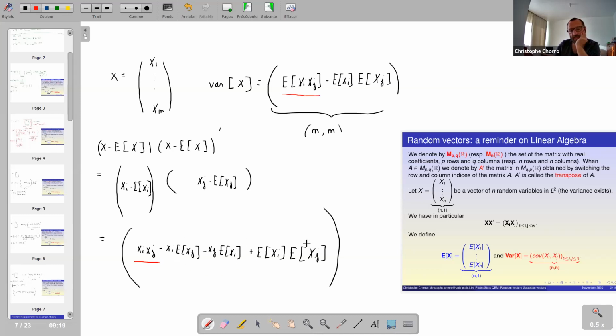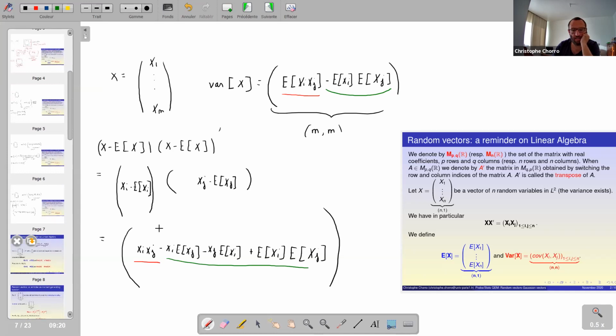And if I take the expectation of this one, I have minus expectation of xi times expectation of xj, minus expectation of xj times expectation of xi, plus expectation of xi, expectation of xj. So when I take the expectation, the same term appears here, here, and here: minus, minus, plus. That's why I obtain, doing the expectation, minus the product of the expectations. Okay? So it's exactly what I have written in the next slide.